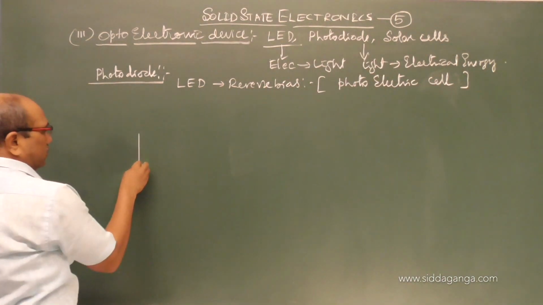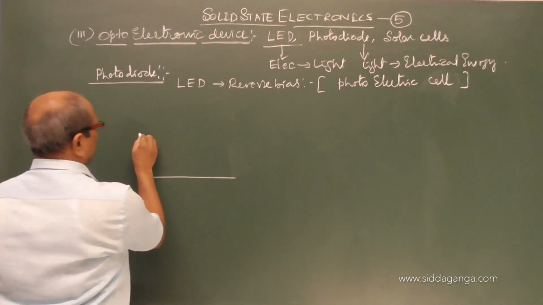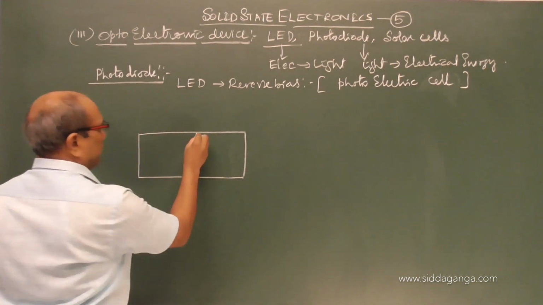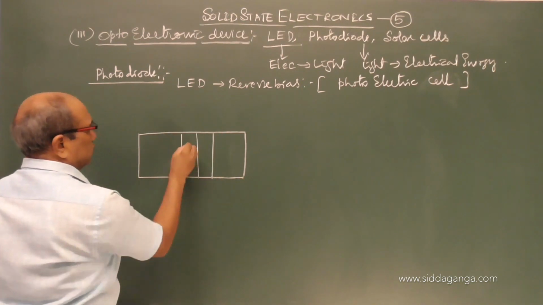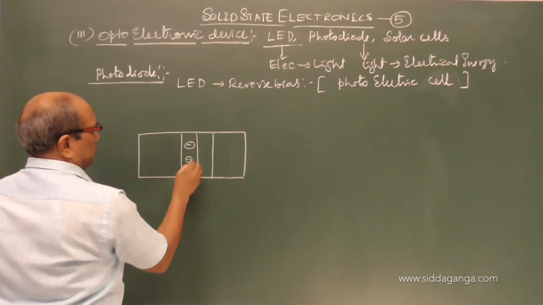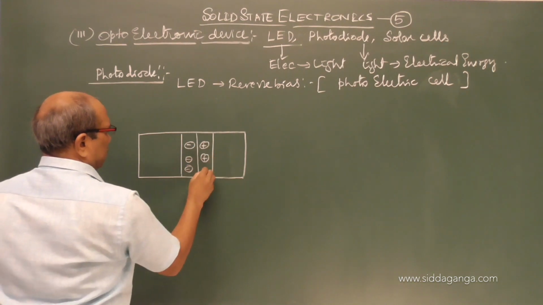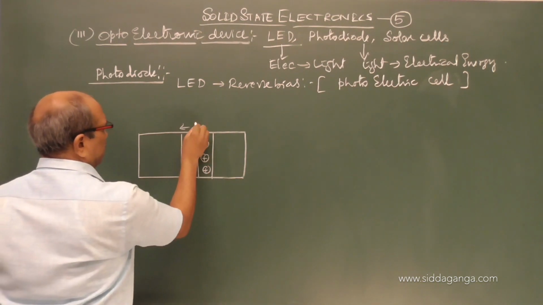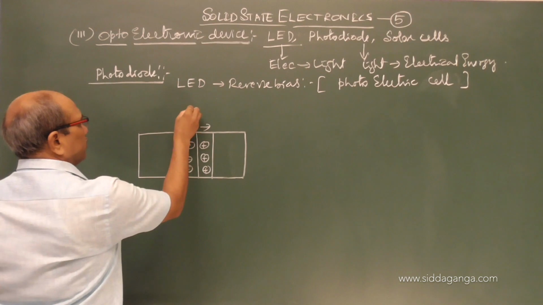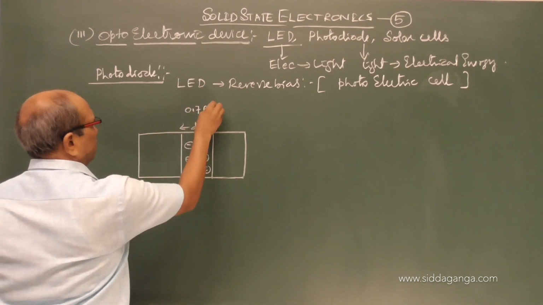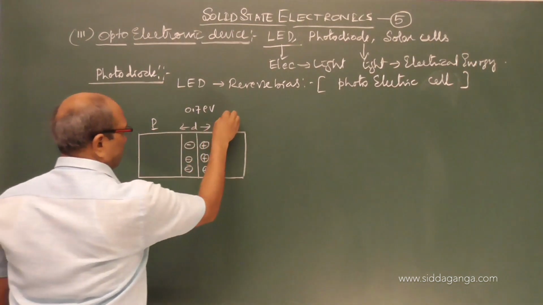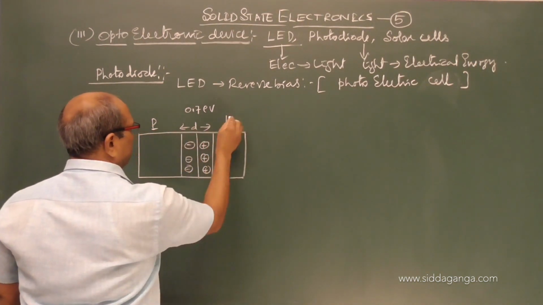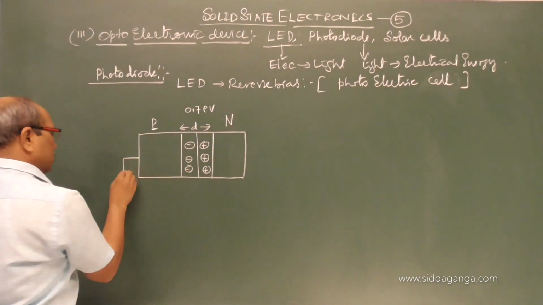How this functions, let us see. As usual, here are the fixed ions, and a depletion layer already exists. For example, if you take silicon, it is around 0.7 eV, the barrier potential or contact potential between the P and N regions.